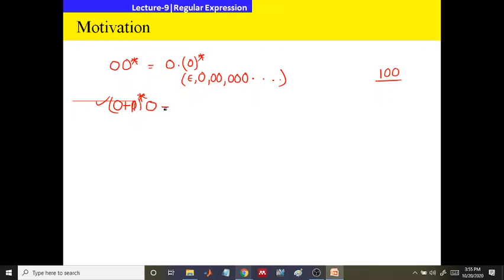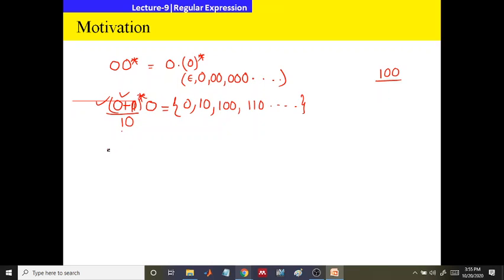When (0 plus 1) star is epsilon, it represents only 0. When (0 plus 1) star represents 1, it will represent 10. When it represents 10, it will represent 100. Similarly 110. So all the binary strings that are divisible by 2 can be represented by this regular expression.